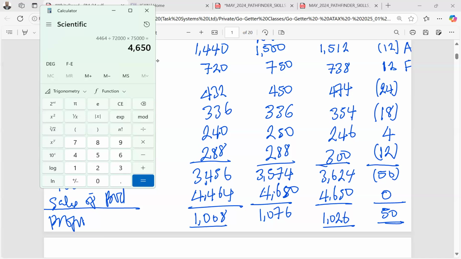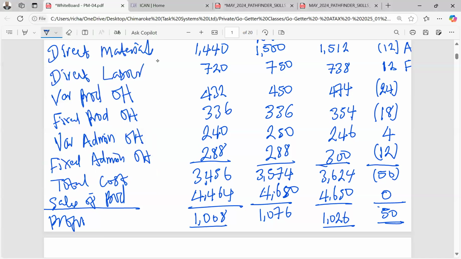So in the case of sales and profit, when the budget is bigger than the actuals, it's really adverse because we expect the actual to be bigger than the budget. Your actual is smaller than the budget. So in cost, we are doing budget minus actual.